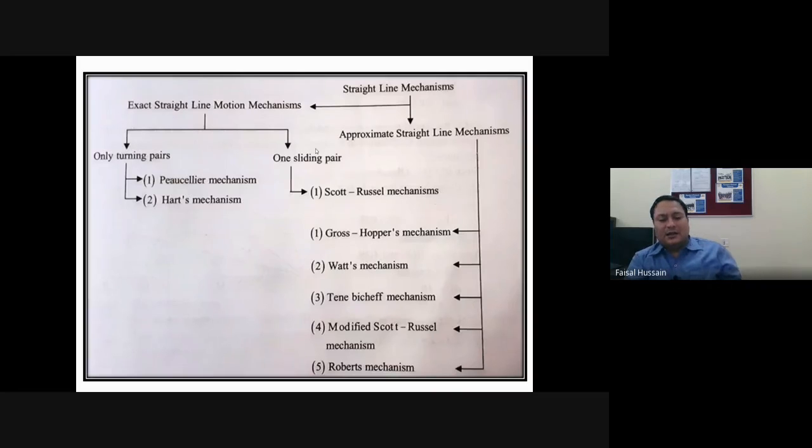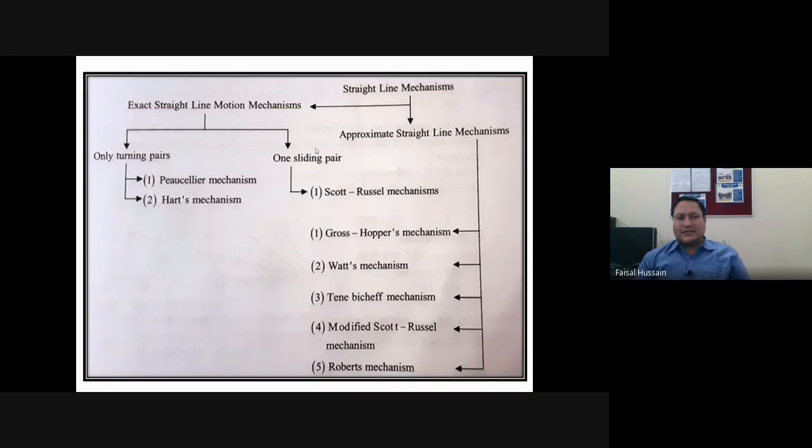So this is the category for straight line mechanisms. Straight line motion mechanisms are exact and approximate straight line motion mechanisms. Exact straight line motion mechanisms have two categories. If only turning pairs are there, then Peaucellier and Hart's mechanism.